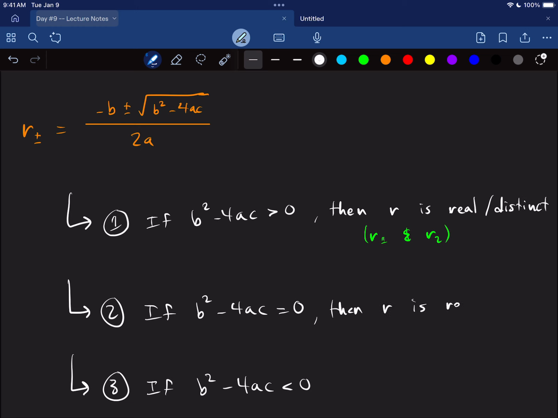r is real, but it's repeated. And what I mean by repeated is there's only one of them. I'll say there's just r1. If b squared minus 4ac is negative, and I have a negative underneath that square root, that gives me complex r.